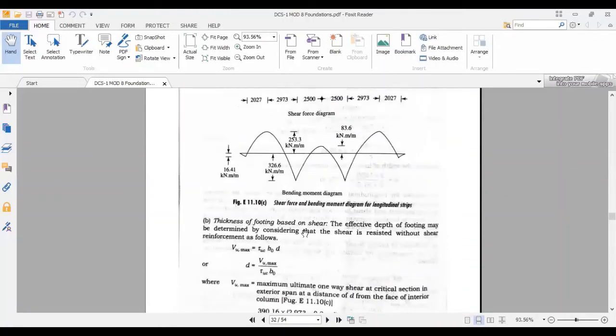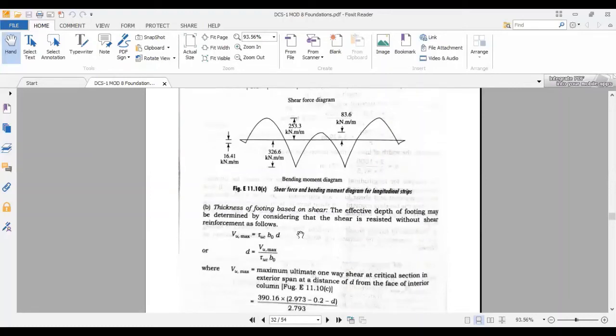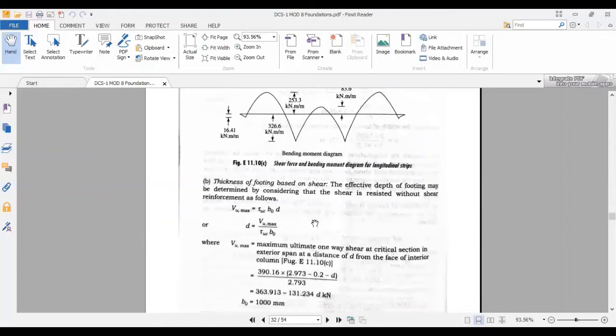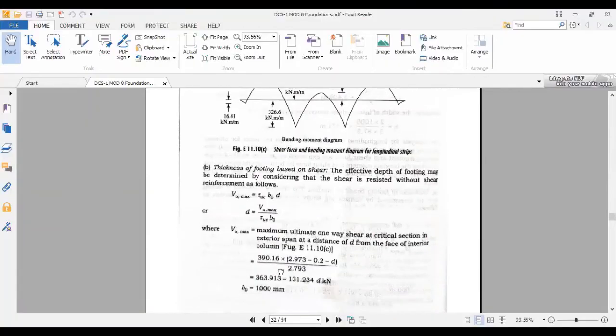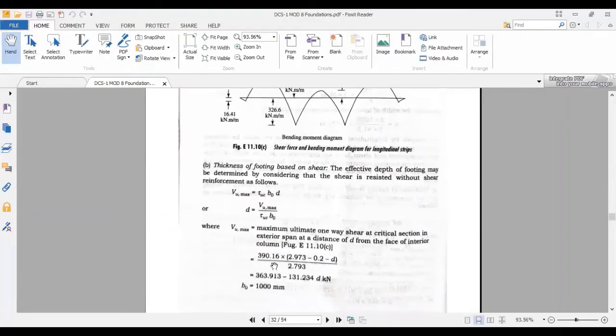Now thickness of footing based on shear. So it is given by this formula, Vu max is equals to tau UC upon V naught D, as you know, and the value of Vu max is given by this formula, 390.16 multiplied by 2.973 minus 0.2 minus D upon 2.793, and the value of V naught comes out to be 1000 mm.